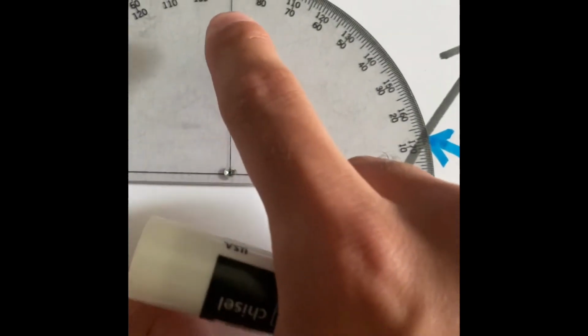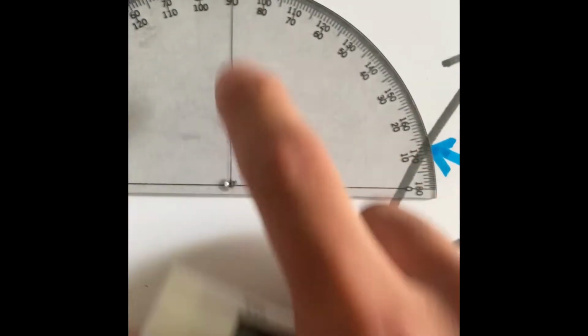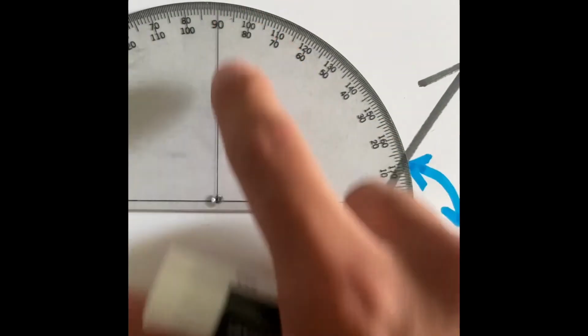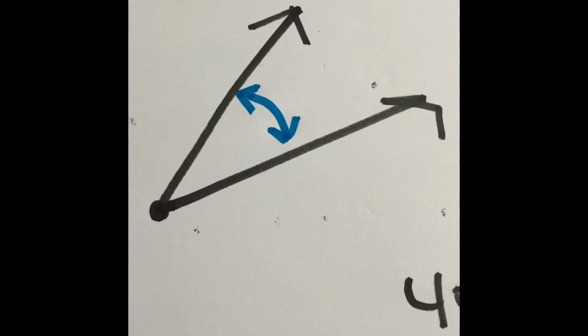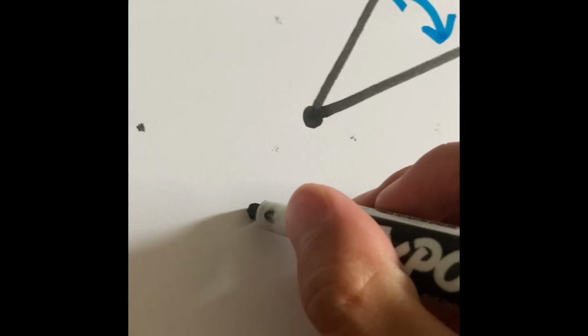Well, since this is 40 degrees, and if you look at a protractor, 90 degrees would mean a perfect right angle. So if there's an angle that's smaller than a right angle, this is called an acute angle.